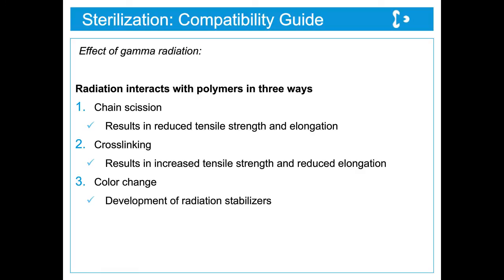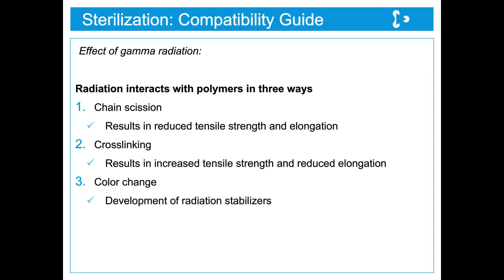When it comes to gamma irradiation, there are three ways in which it can affect specific polymers. The first is chain scission. That actually results in a reduced tensile strength, and it elongates the plastic, which means it makes the plastic more loose, which is not a good case depending on one's application. Second is cross-linking, which results in increased tensile strength and reduced elongation, which means it makes the plastic more durable and it makes it more rigid.